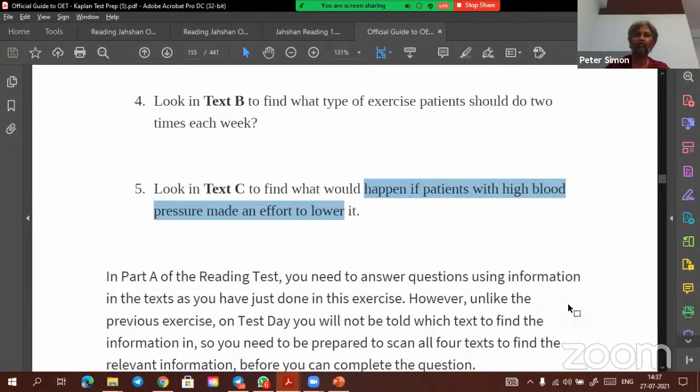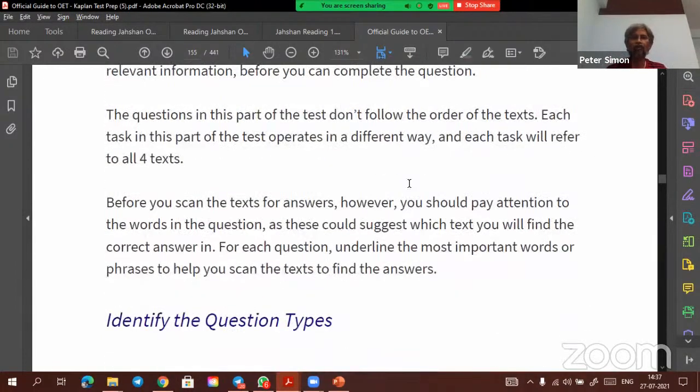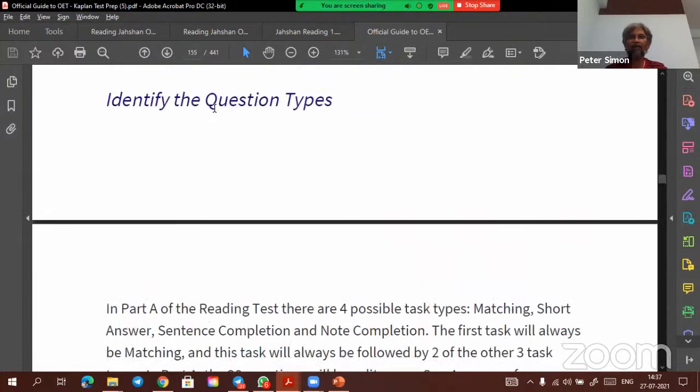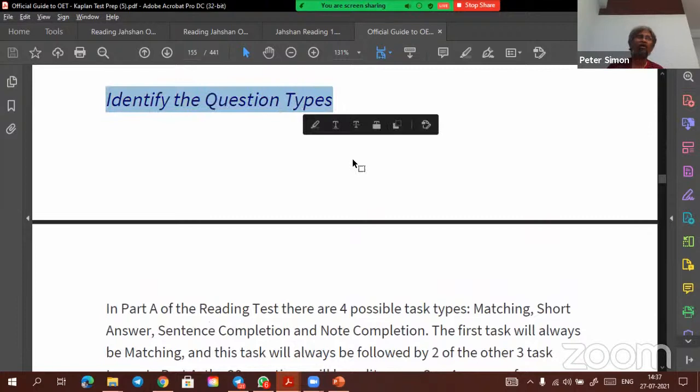Now, moving further, identify the question types. What type of questions are they? That I am going to explain now.